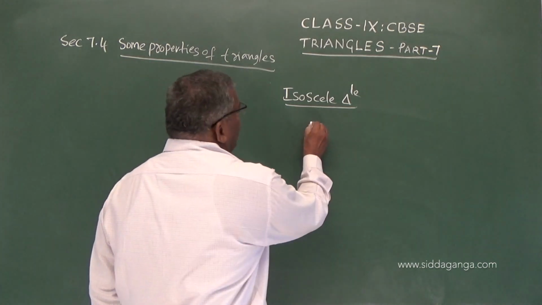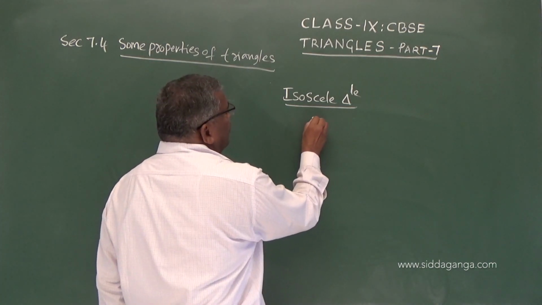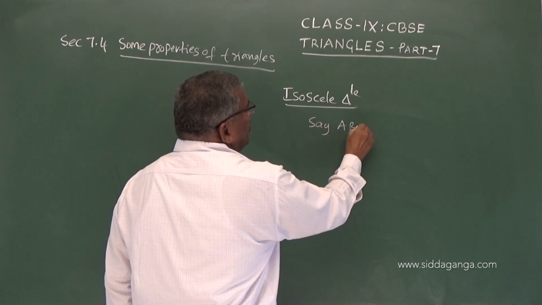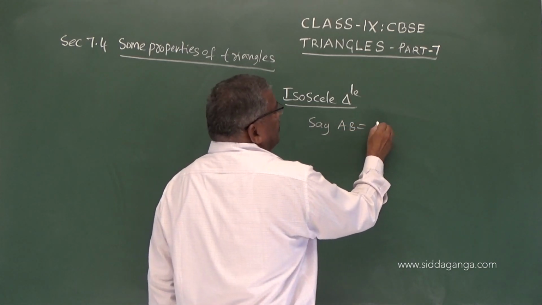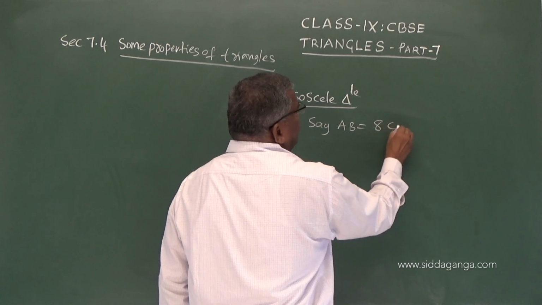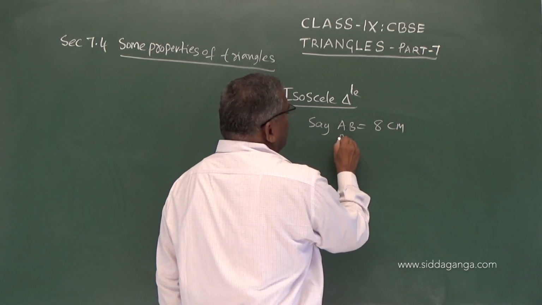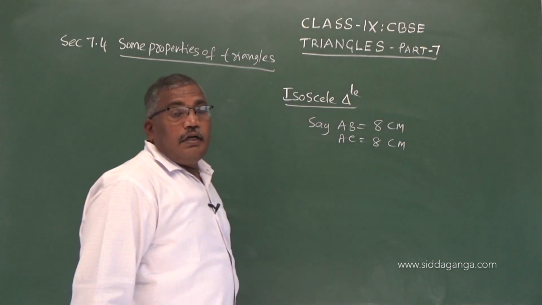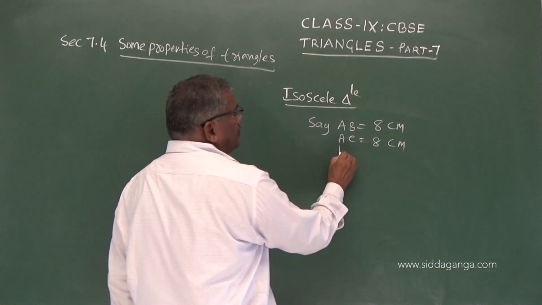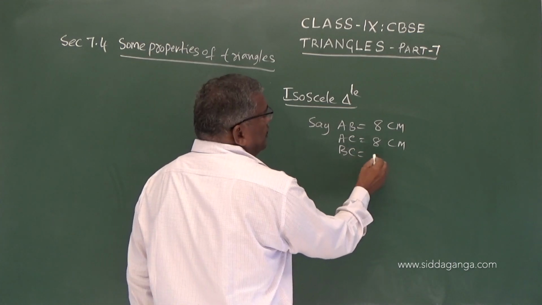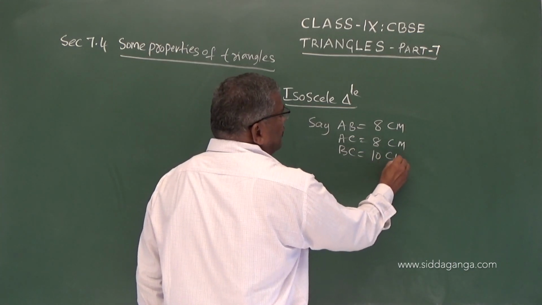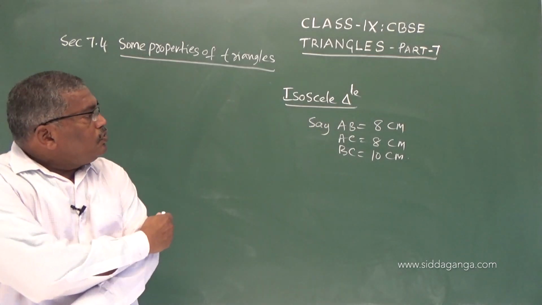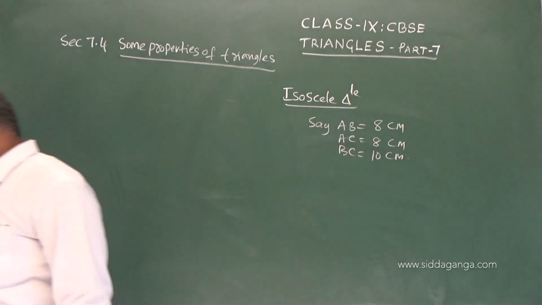So let us say AB equals say 8 centimeter, AC equals say 8 centimeter, and the base BC let it be 10 centimeter. So you know how to construct a triangle.